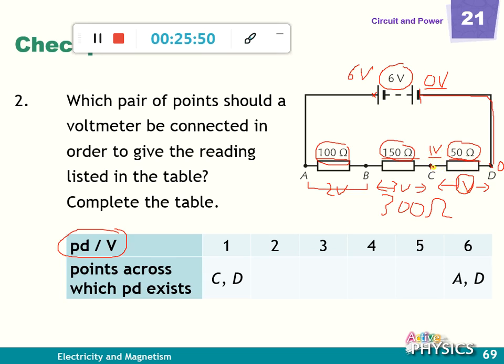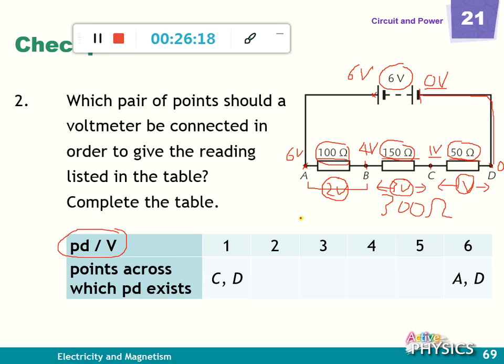This 1 volt means that the potential at point C should be 1 volt. And this one, the difference is 3 volt. Then the potential at point B should be 3 volt higher than 1 volt. It means that the potential at point B should be 4 volt. Here, A is greater than B by 2 volt, then A should be 6 volt.